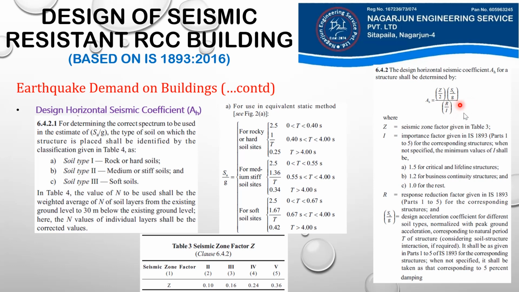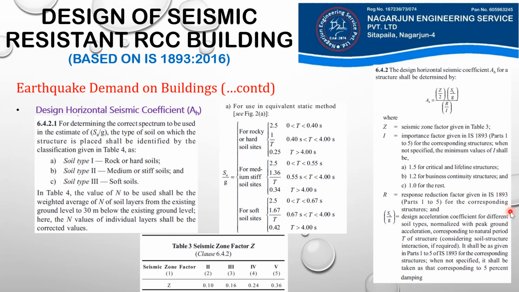This R is the response reduction factor. Response reduction factor accounts for overstrength and ductility in a building. We know that in the earthquake design of our buildings, we allow the building to get damaged, we allow for the dissipation of energy. That is possible because of the property of ductility of those structures. So response reduction factor accounts for that ductility, and if a structure is highly ductile, that means it can withstand a large amount of earthquake induced forces without damaging.